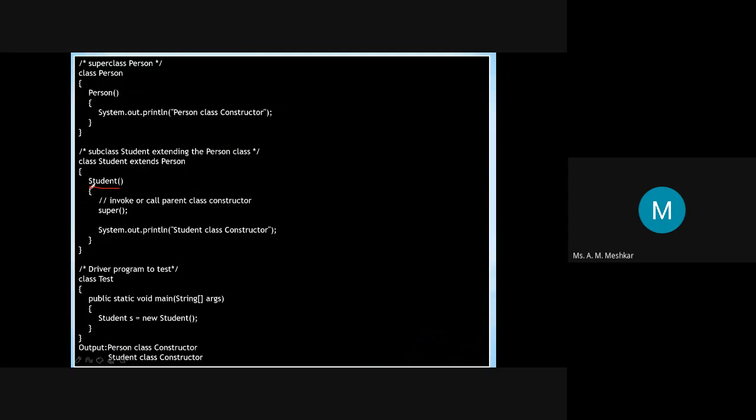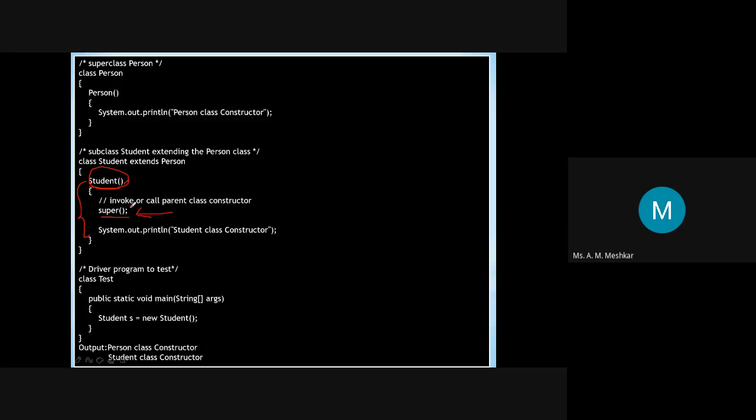Now remember, when you are writing the constructor of a subclass, you must write the very first statement with the super keyword. The very first statement in your subclass constructor will be the one which includes the super keyword, and thereafter you write the remaining statements of its own constructor, that is the student constructor or subclass constructor.